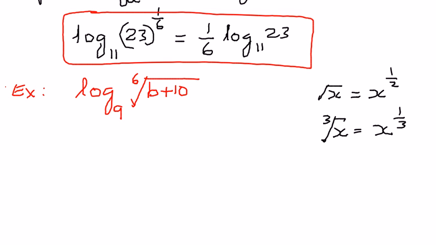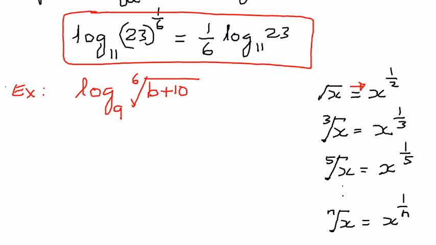If we have fifth root of x, for example, we can write this one as x to the power of 1 over 5, and so on. If we have nth root of x, we can write this one as x to the power of 1 over n. We can always write a radical term in terms of an exponent. We can always write an exponent in terms of a radical term. And all of these are reversible.